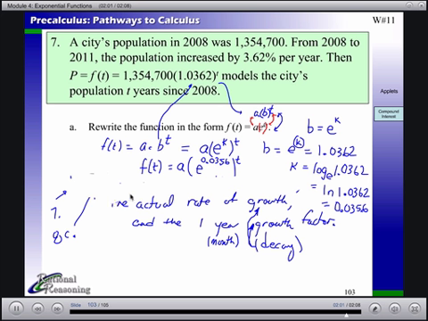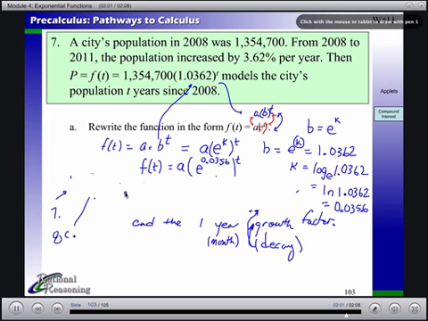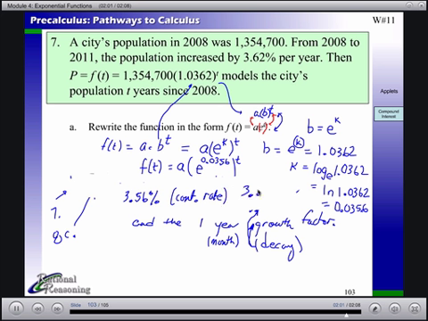What is the actual rate of growth? Is it 3.56%? By what percent does this population grow every year? 3.62%. So our continuous rate is 3.56%, but the actual growth is 3.62% per year.